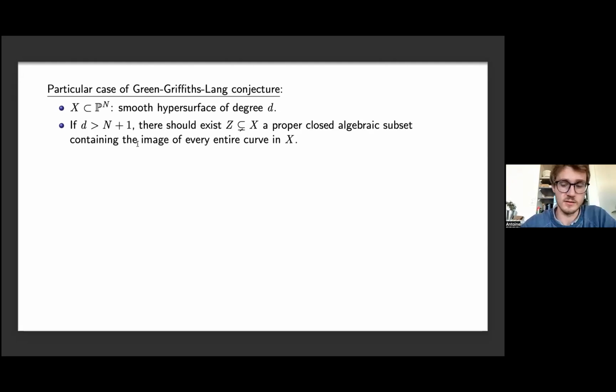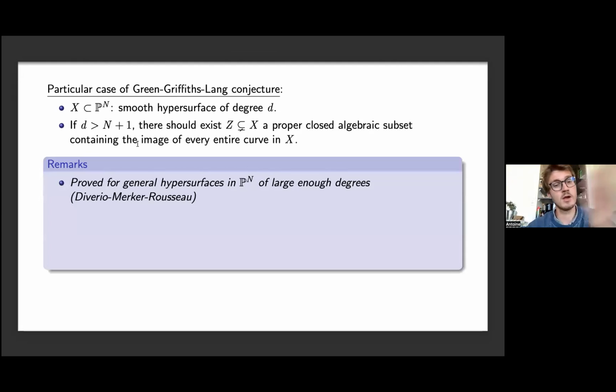So in this case of hypersurfaces, the state of the art regarding this conjecture is the following. First, it was proved by Diverio, Merker, and Rousseau that for general hypersurfaces in P^n, the conjecture holds. So what do we mean by general? It means that you fix a degree, so your hypersurface is given by a family of coefficients, giving the equation.